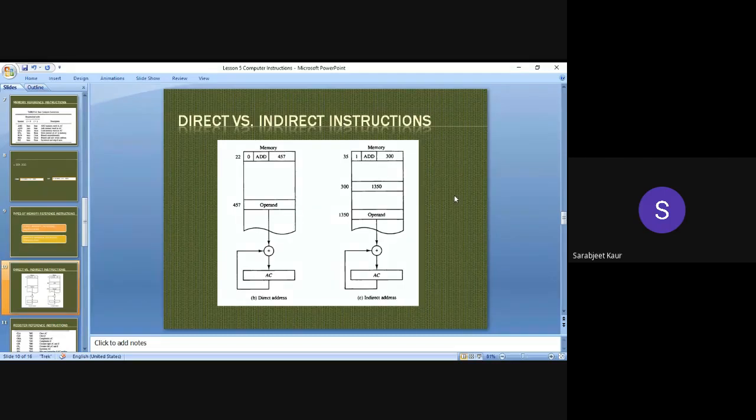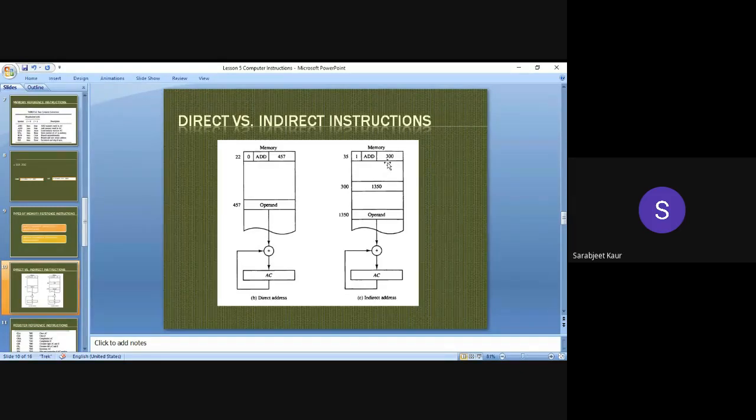So in the direct instruction, the operand was located at the address given in the instruction itself. But in the indirect instruction, the operand is not located at the address given by the instruction.